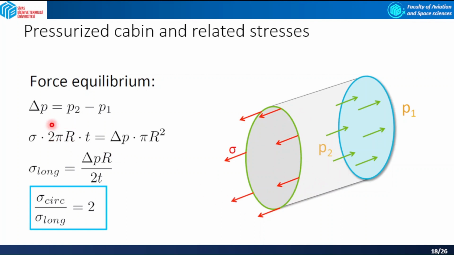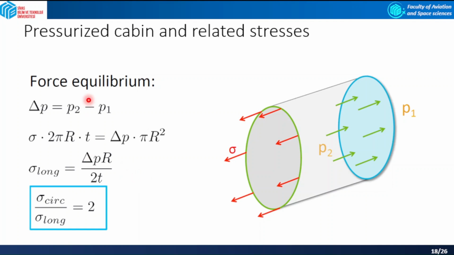So the pressure force to the right equals the pressure difference multiplied by the area of the disc. So the opposing force is borne by the skin, which in this case equates to stress multiplied by the circumference of the fuselage and the thickness of the skin.